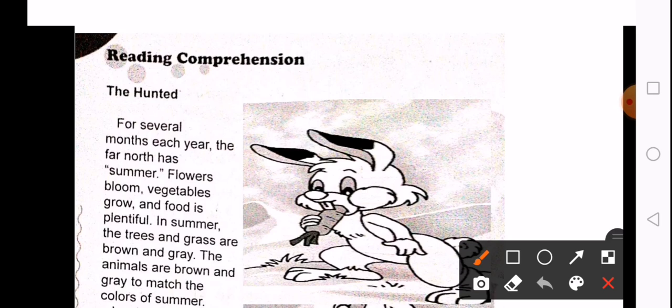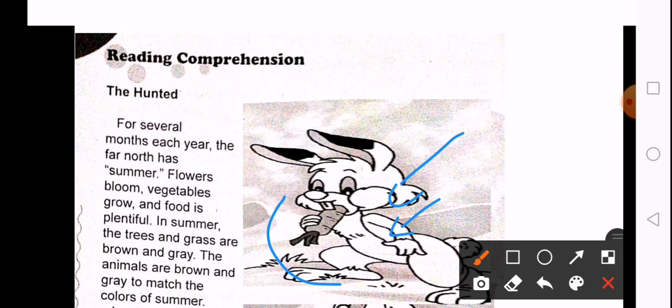If this white rabbit lives in a place that is full of white snow, so white rabbit on white snow, is it clear? Can we see it? Can it be seen easily?